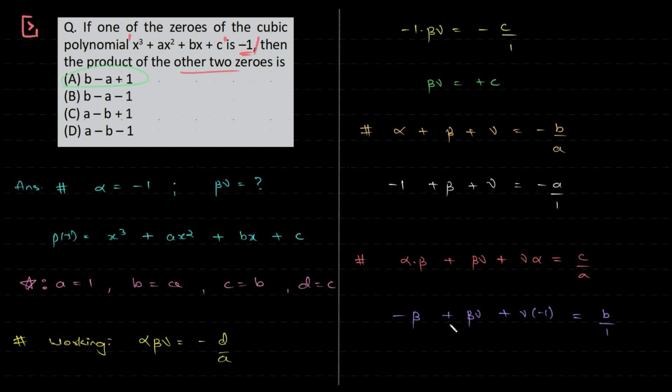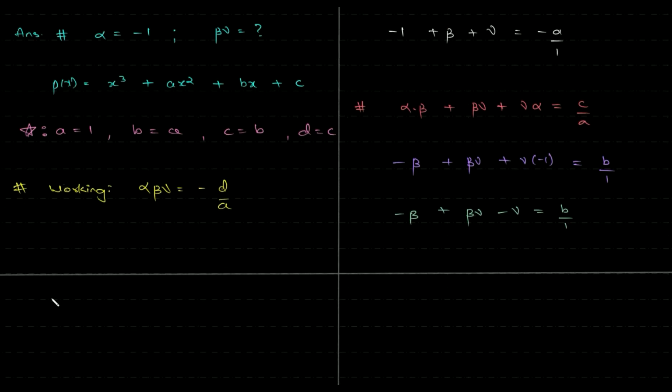So beta gamma, which we want, is equal to b. Let me write it properly for you guys. This is beta gamma minus beta minus gamma is equal to b by 1. Agree? So let's rearrange. We want beta gamma. I know we have beta gamma and beta plus gamma.